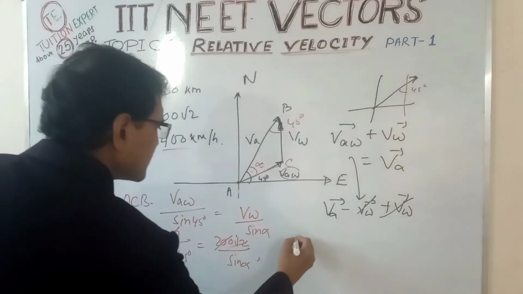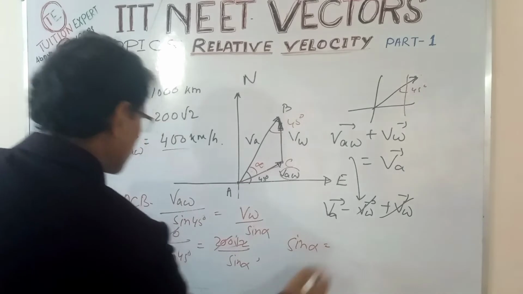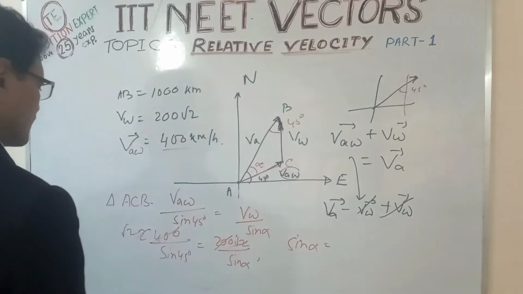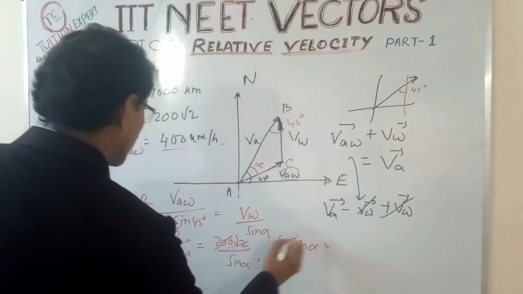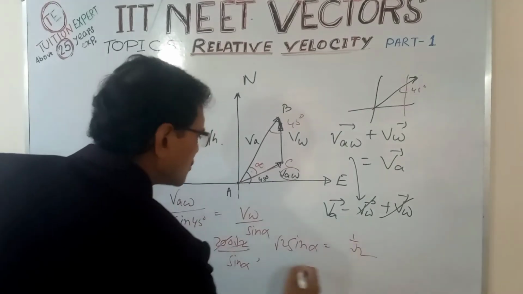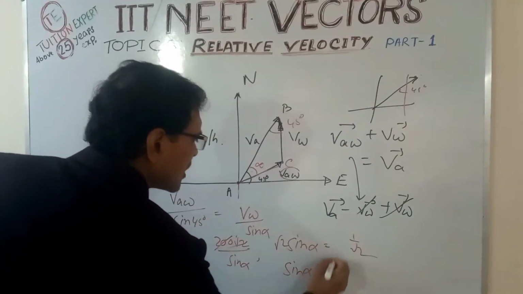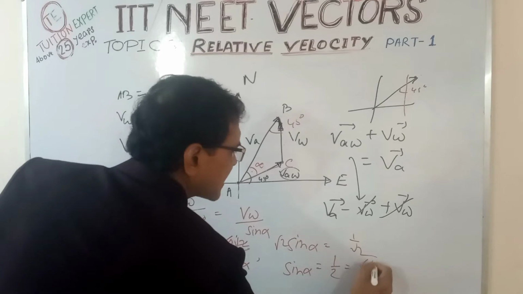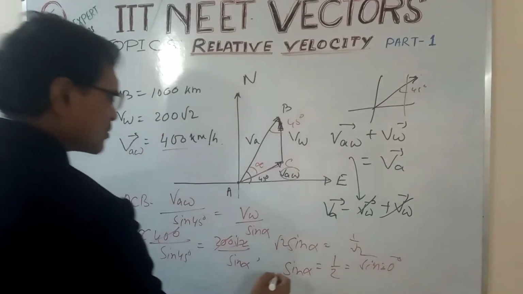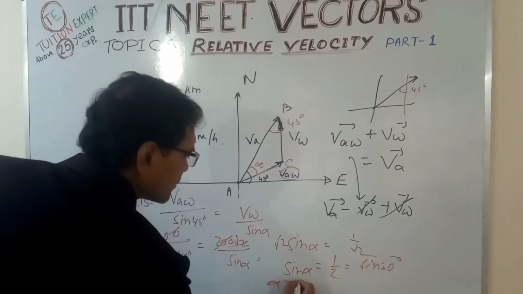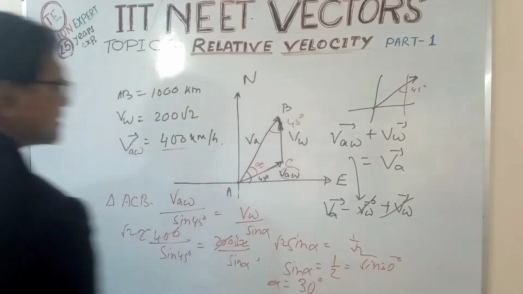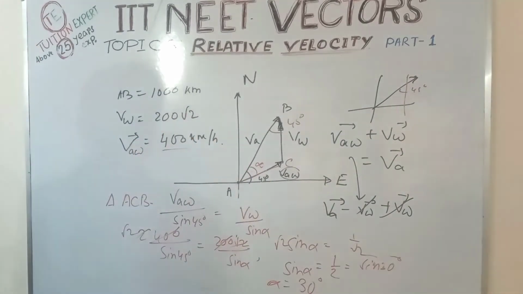So sin alpha, root 2 sin alpha equal to sin 45 degree, 1 by root 2. That is sin alpha equal to half, which is equal to sin 30. That is alpha equal to 30 degree. So we get the angle alpha equal to 30 degree.